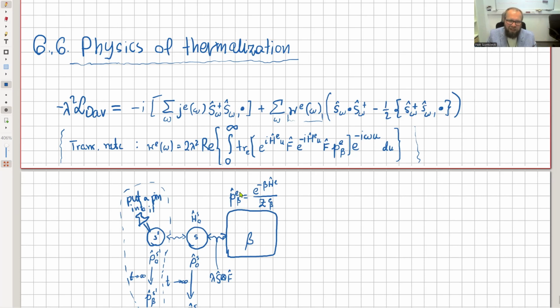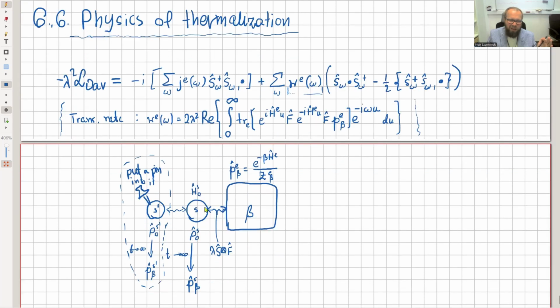The initial state does bring in the information about temperature, which is an important ingredient for establishing this asymptotic limit, because the system has to know where it goes. What temperature is it supposed to reach in equilibrium?